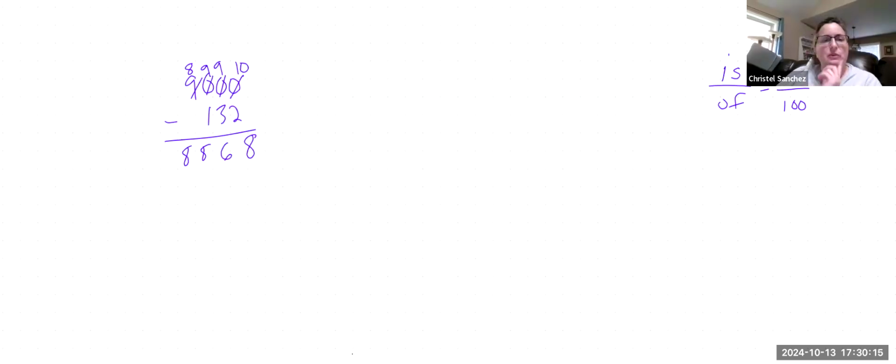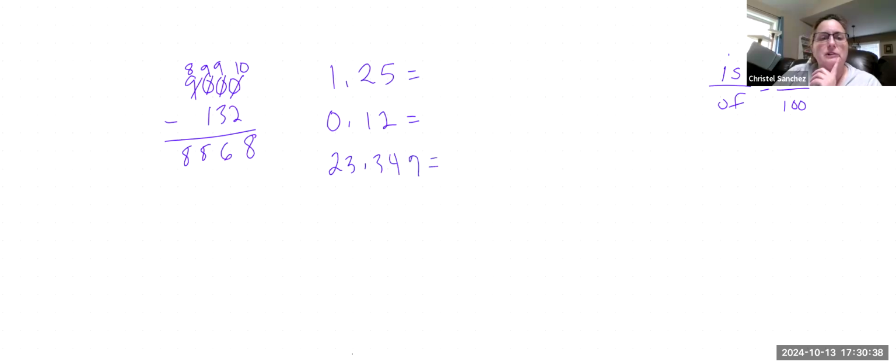Oh, I know what else we didn't do. You're also going to have rounding. So let's say we have 1.25, 0.12, and 23.347.